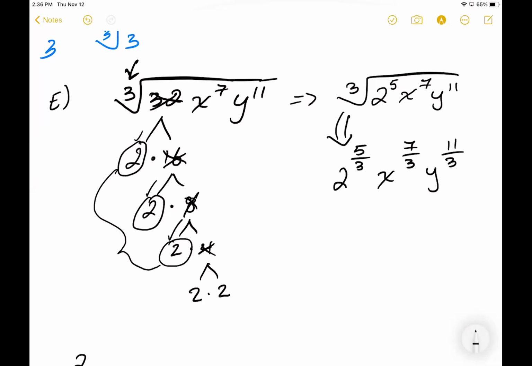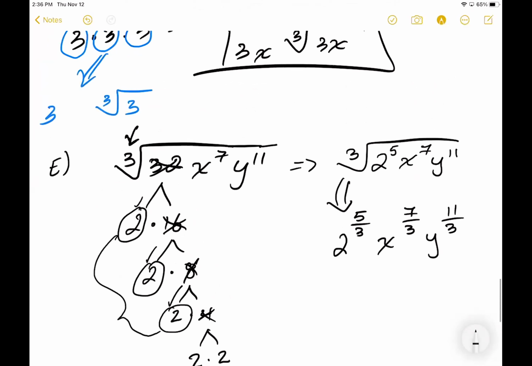We can take this item and convert it to power over root. And if you say, wait, how can we do that? It's basically the same idea: the cube root of 2 to the 5th times the cube root of x to the 7 times the cube root of y to the 11, which is basically multiplying each other.